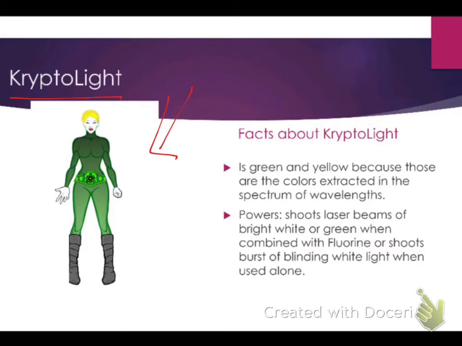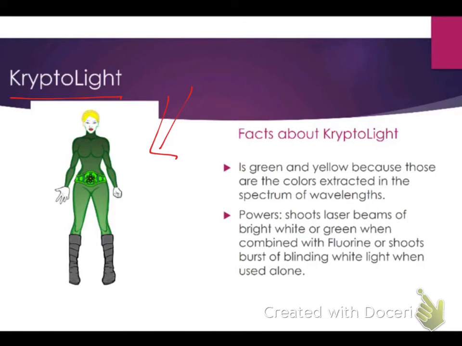She's green and yellow because when you break Krypton apart in a wavelength, the green and yellow are the colors you see, along with white. And her power is that when it mixes with fluorine, she shoots bright green or white light, and without fluorine, she just shoots blinding white light.